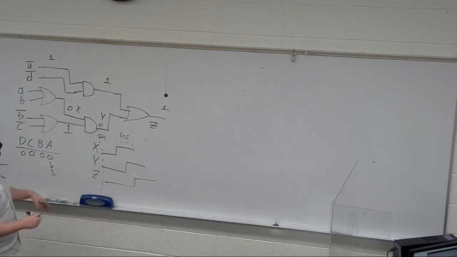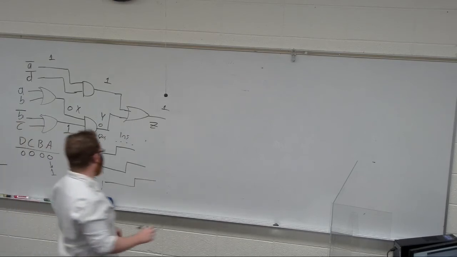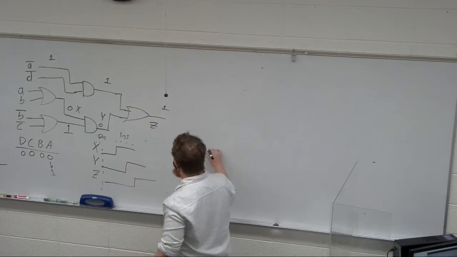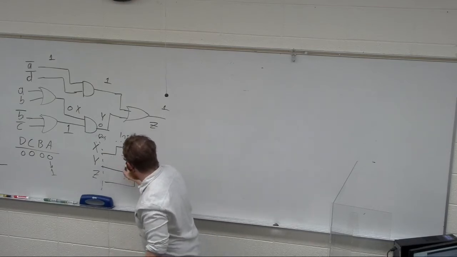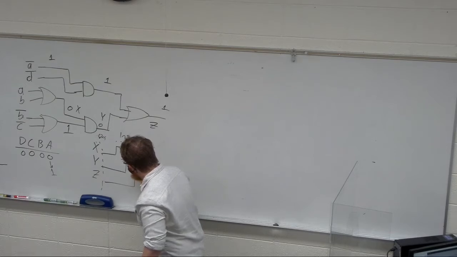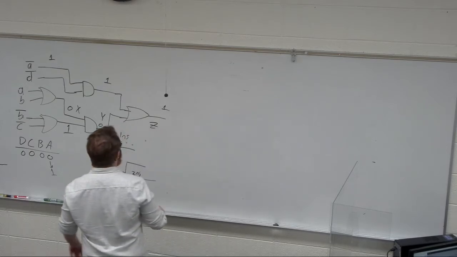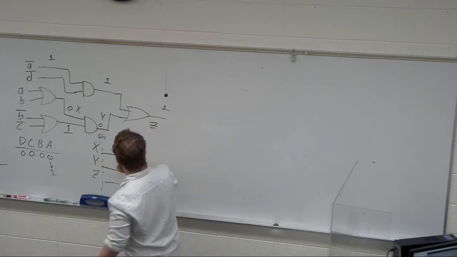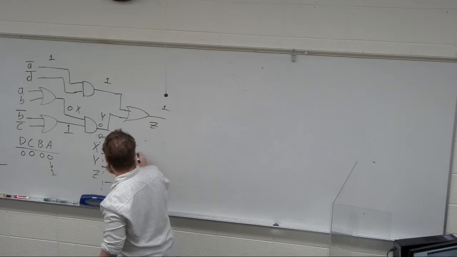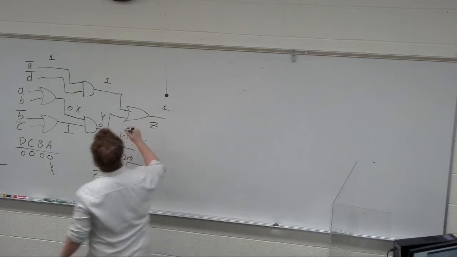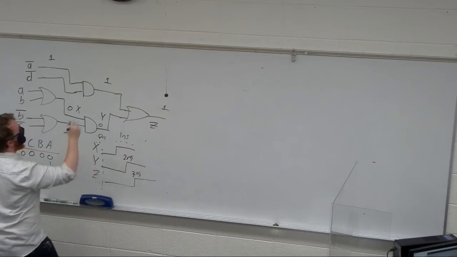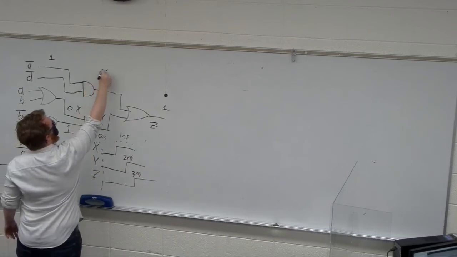Shoot, I should have done this over here because now we're going to have a little bit of an issue. But we can see that Z changes at 1, 2, 3 nanoseconds, and Y changes at 2. Similarly, we can call this node alpha.